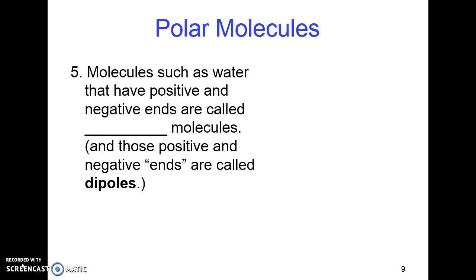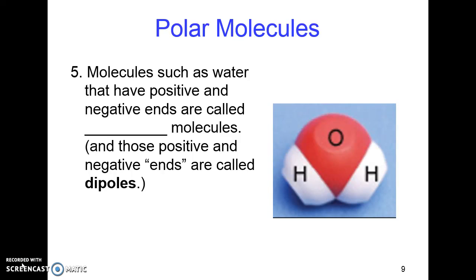Okay, we're on question number 5, if you're following along on your notes. Molecules such as water that have positive and negative ends are called polar molecules. And these positive and negative ends are called dipoles.